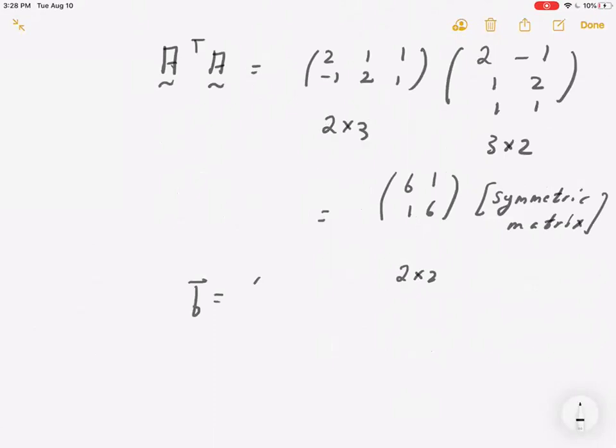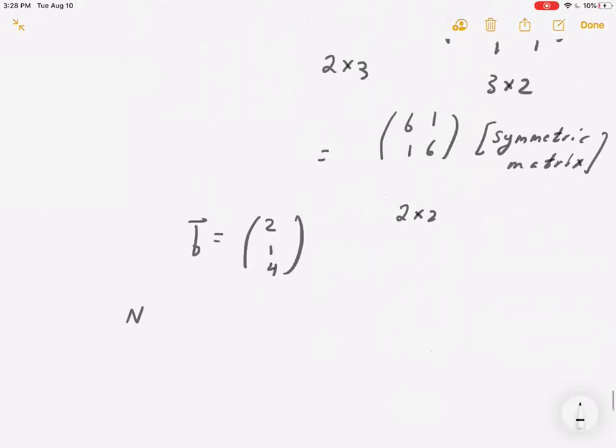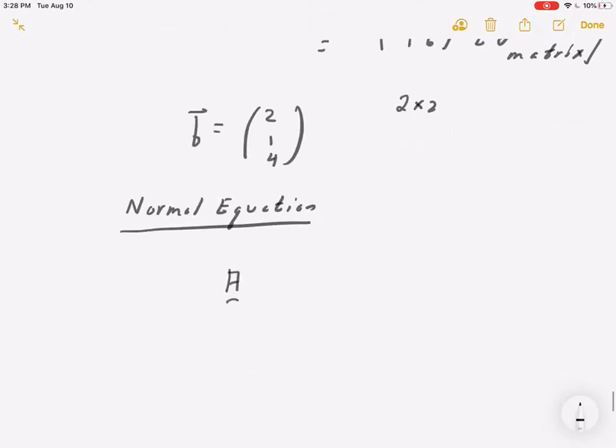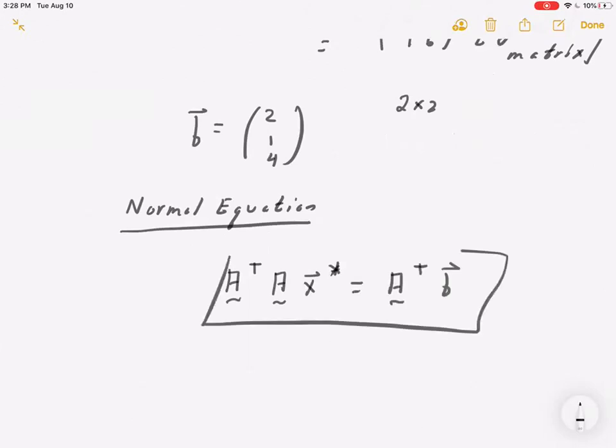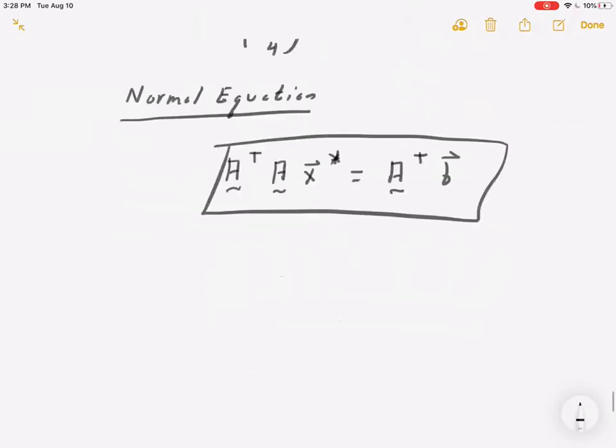Okay, the other missing part of the puzzle is B. Excuse me. So we now have our normal equation, which is A transpose times A times the least squares solution equals A transpose times B. And I've got everything on the left-hand side.